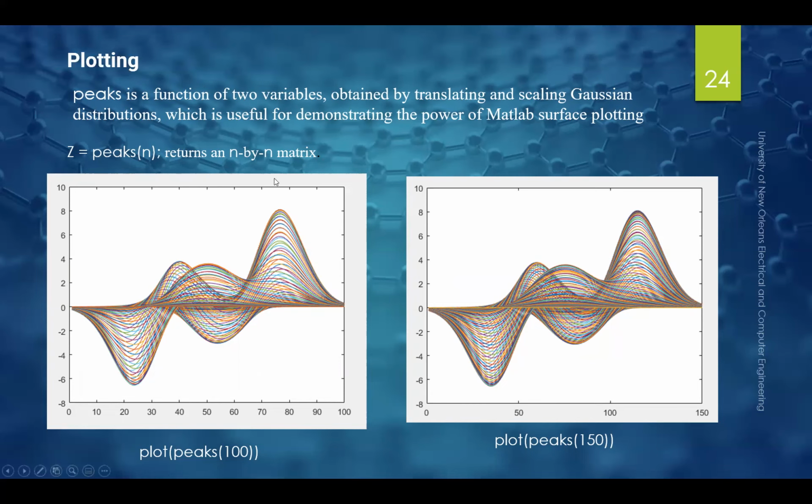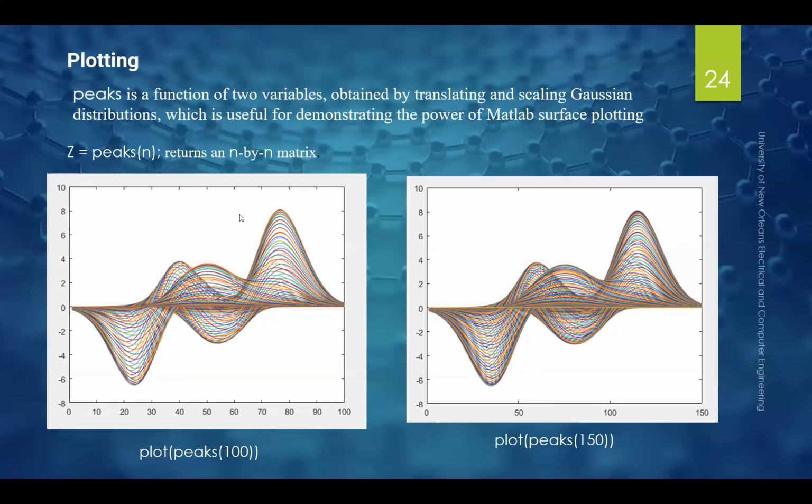Peaks is a function of 2 variables, obtained by translating and scaling Gaussian distributions. More on that much later. That's not a critical point at this time, but it's mostly for demonstrating how MATLAB can create very powerful plotting with functions like this.